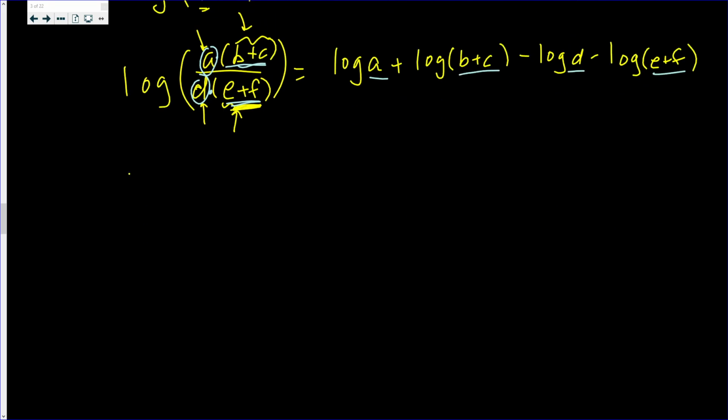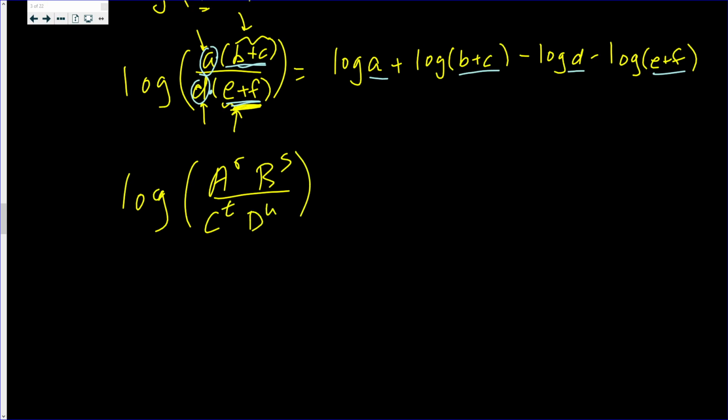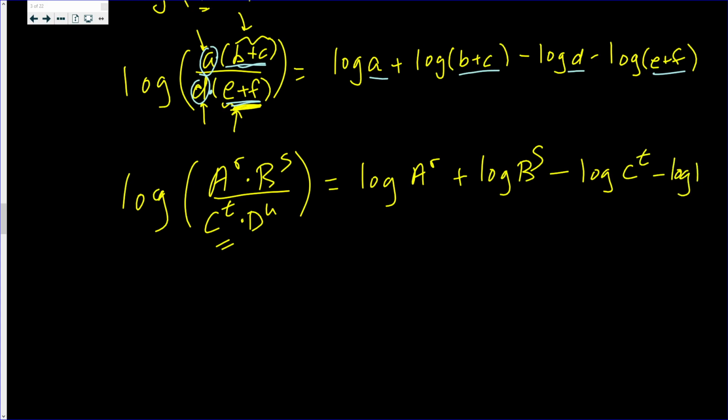So now, what happens if I put exponents? A to the R, B to the S, C to the T, and D to the U. Again, we'll take this slowly. From what we just learned, this is log of the first factor plus log of the second factor minus, because it's in the bottom, the log of the third factor minus the log of D to the U. But we know that we can bring the powers in front.